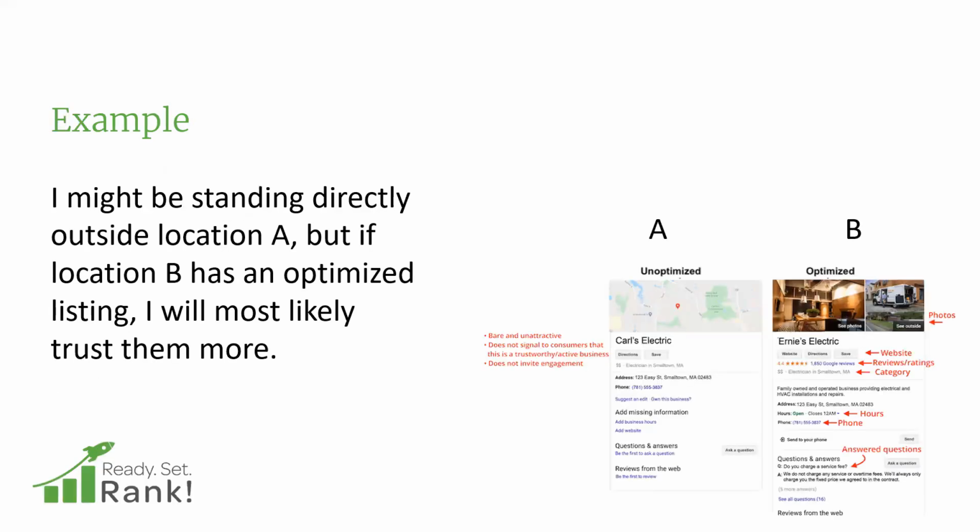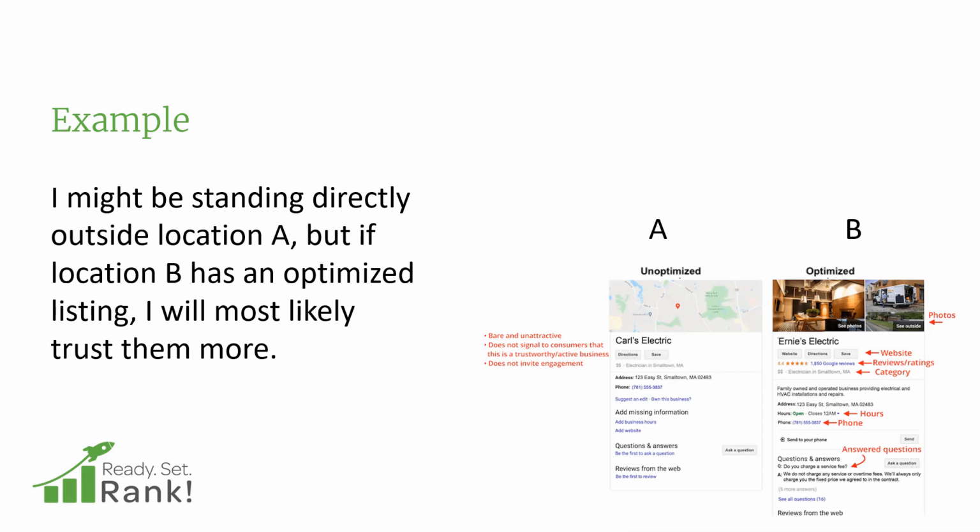Now, if I were standing directly outside of location A and they have an unoptimized listing compared to location B that has an optimized listing, even though in this example, I am standing directly outside of business A, I would be more inclined to do business with business B because they have an optimized listing.